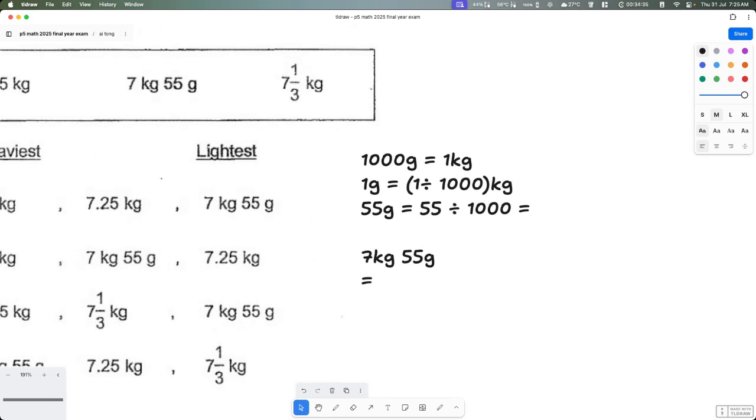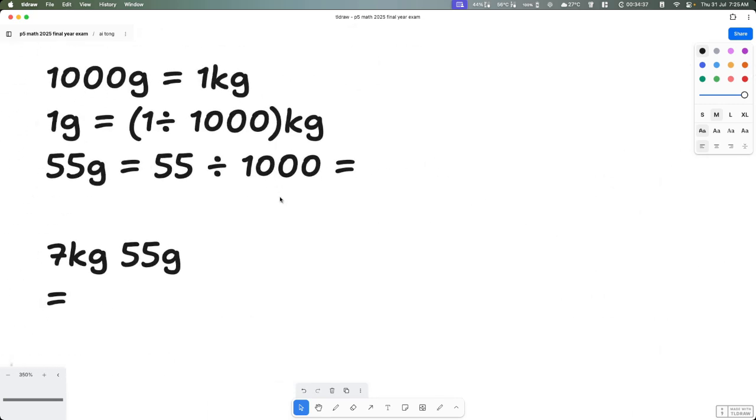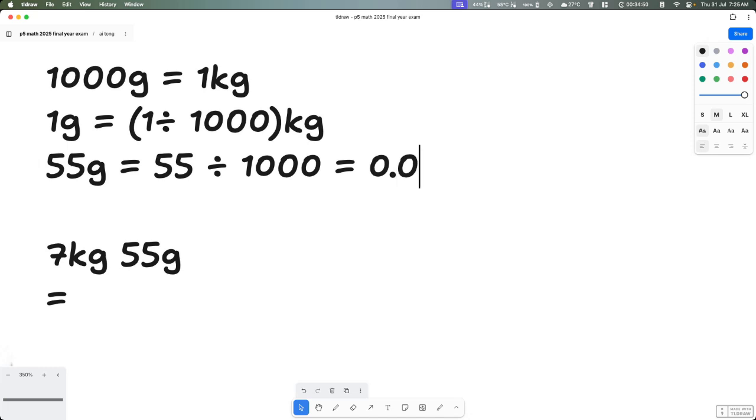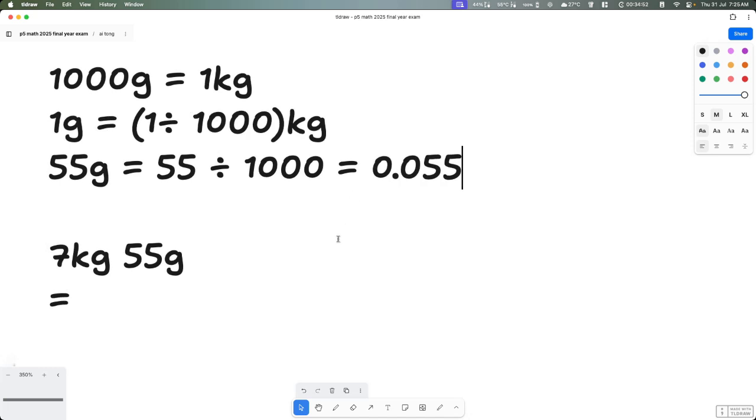And what would this become? You have three zeros over here, so we move our decimal point three places: 1, 2, and 3. So 0.055 in this case over here.